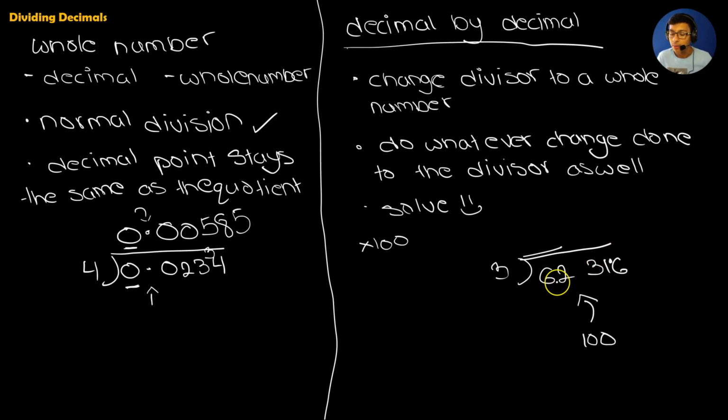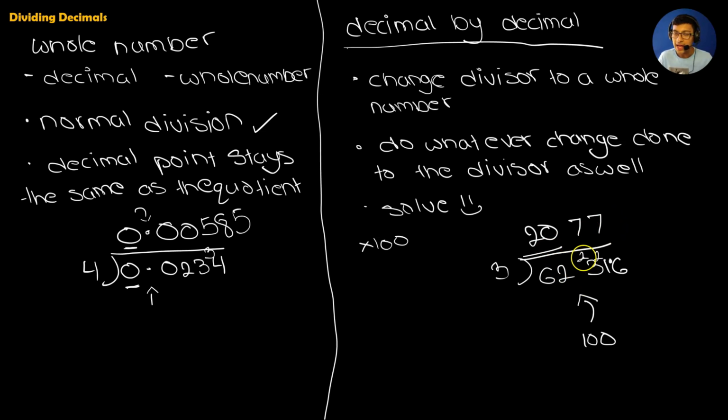Now our dividend is 6,231.6, and we simply solve, which is divide. 3 into 6, 2, 0, 23, 3, 6, 9, 12, 15, 18, 21, 7, 2, 7.